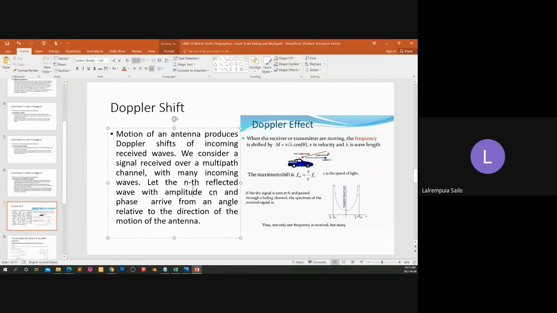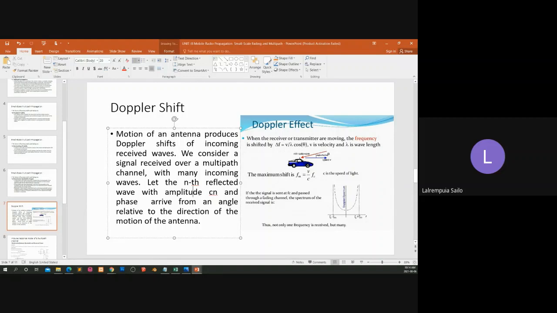Let's see here in the picture. When the receiver or transmitter is moving, the frequency is shifted by delta f equal to v over lambda times cos theta.